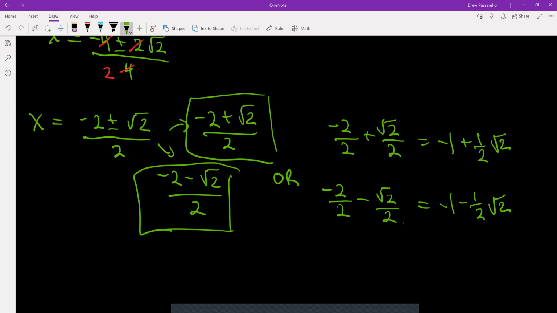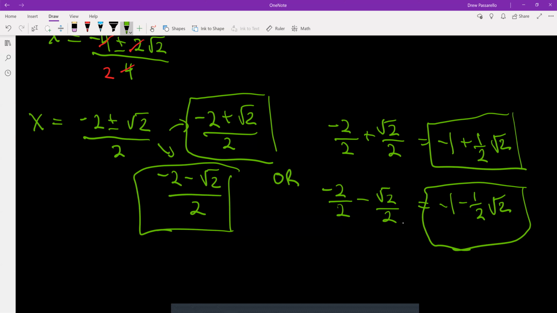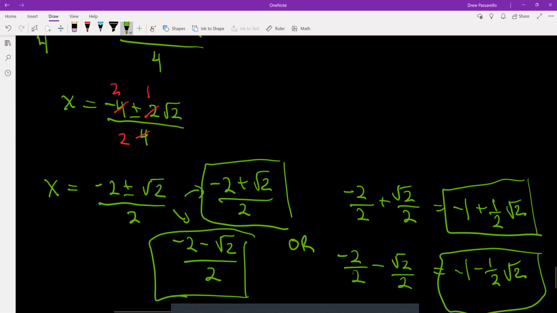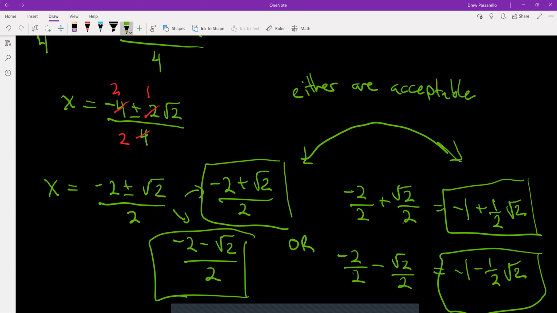That's another possible solution, another way of writing the answer. So either is acceptable. Okay, I probably would go with the first one.